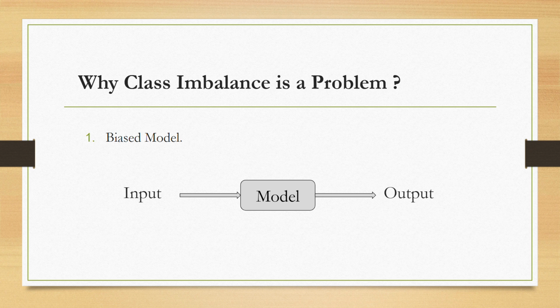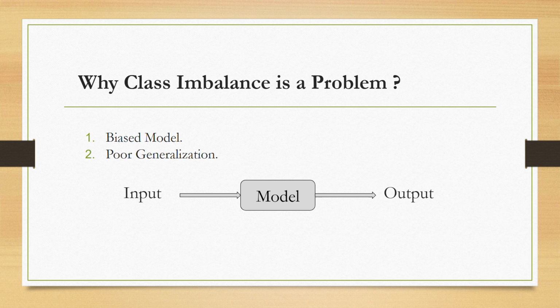Therefore, the model may not predict well at test time for class C. The model may predict the sample belongs to either class A or class B, though the sample belongs to class C at the time of test, because it did not learn properly what exactly class C samples are, what the distribution of it is. That's the reason why we call class imbalance a problem.